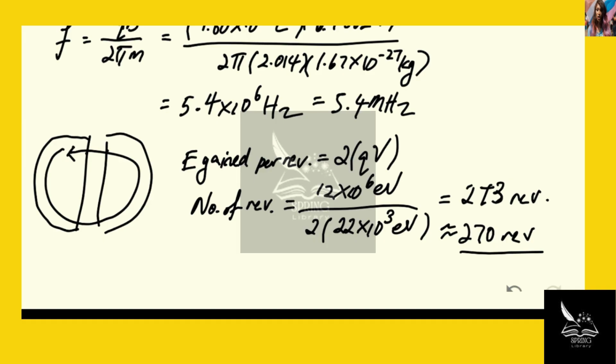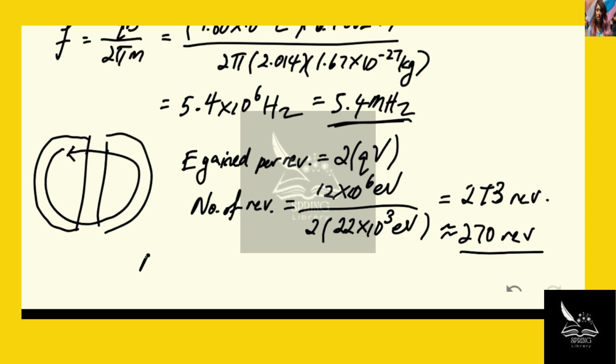To find the time needed to go from start to exit, we will need to use the frequency, right? What is the total time that is required? The frequency that we have found is over here. This tells us how fast the deuteron will be undergoing the revolution, right?